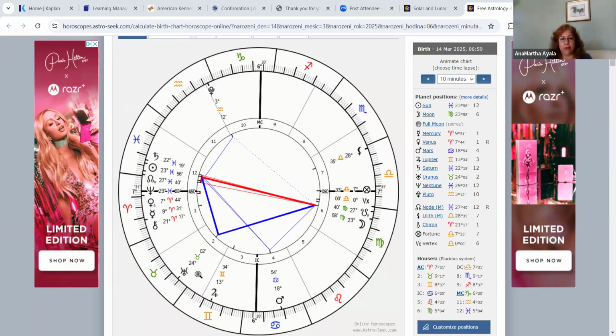So the sextile from Uranus can also mean that artificial intelligence is going to go on full blast, right?